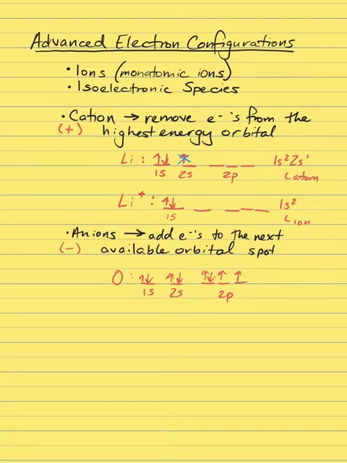So as an atom, oxygen looks like this: 1s2, 2s2, 2p4. When oxygen becomes an ion, oxygen becomes O2 minus. We know it gains 2 electrons because it's in the 6th column of the periodic table, so it needs two more electrons to be like a noble gas.